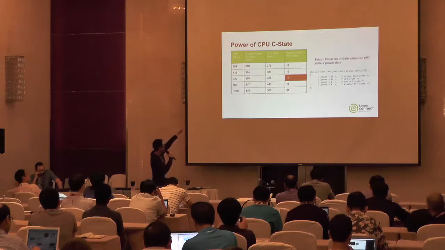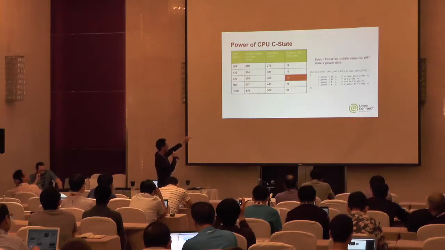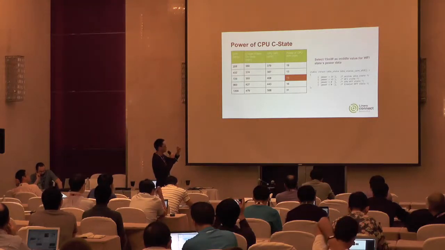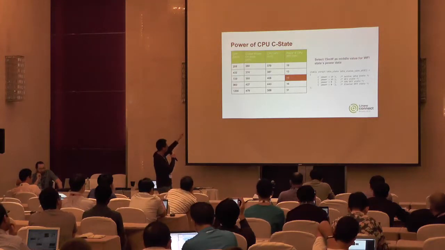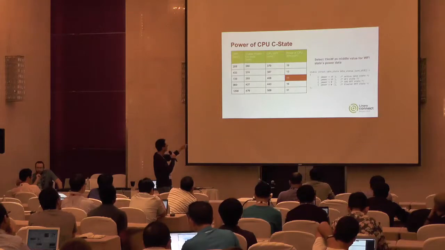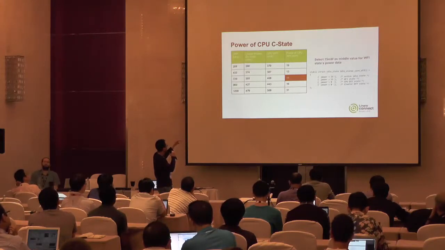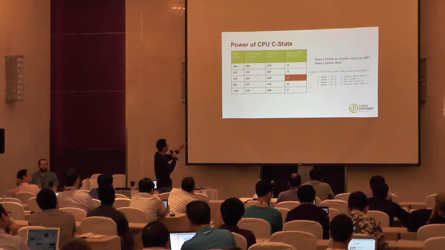For the CPU WFI, this column means that one CPU has run into the WFI state. So we use the CPU WFI power data minus the cluster power on state. Then we can get the CPU's WFI power data.